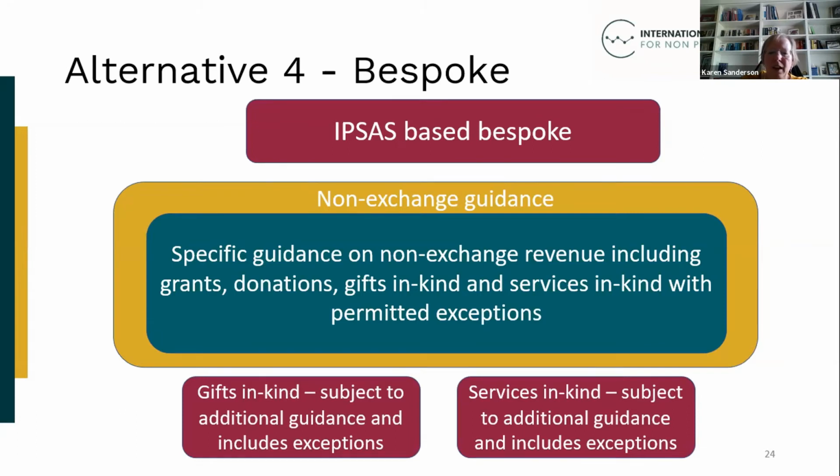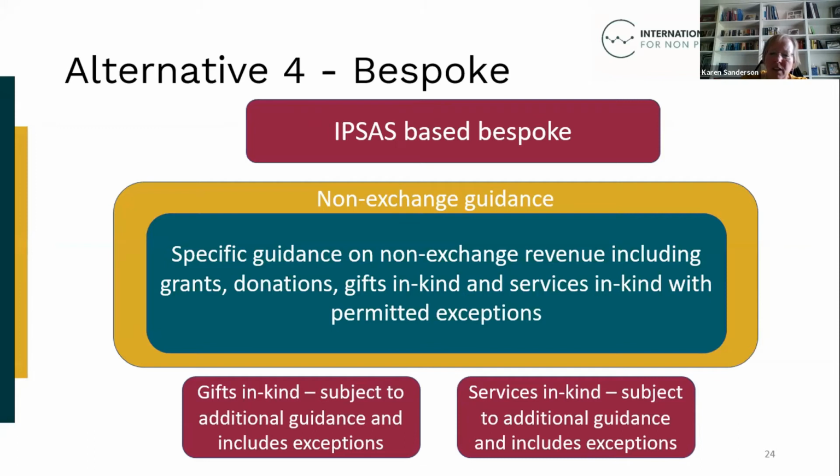And that also might assist with the issues previously identified and obviate discussions around materiality, which are likely to arise with some of the other alternatives. It might also permit NPOs to recognise revenue and expense when items are distributed or used to provide services. And also it might require additional disclosures where an NPO uses one of the permitted exceptions.